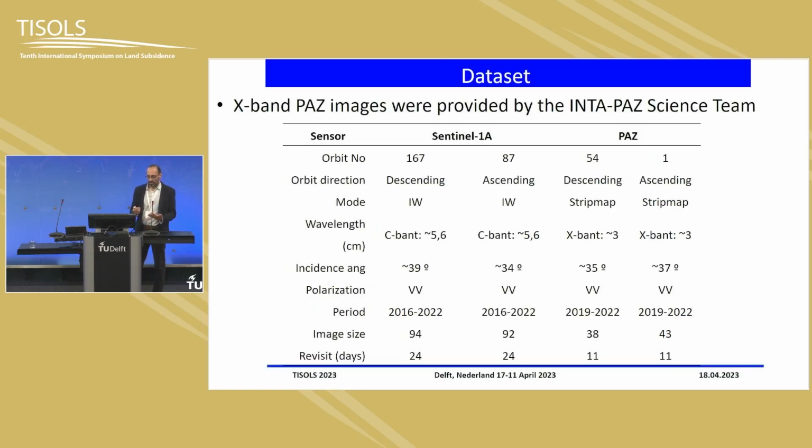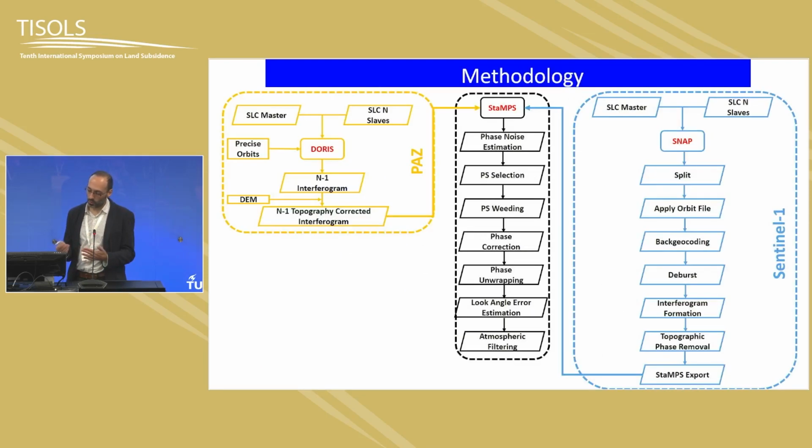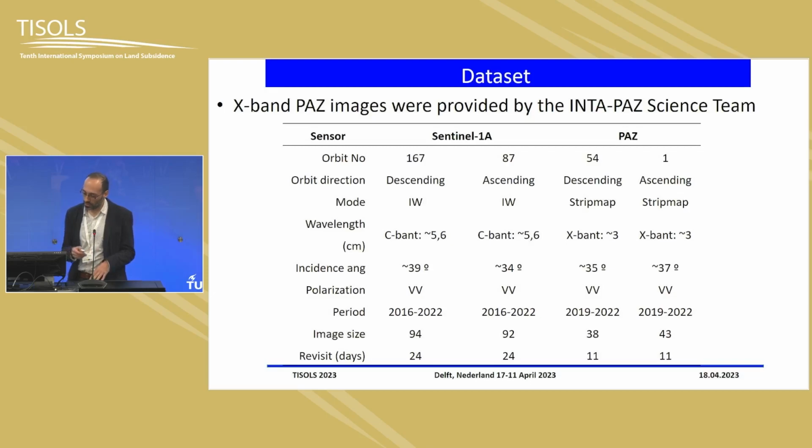The data covers both ascending and descending geometries. Sentinel is C-band, but PAZ is X-band data. It has the same specifications as TerraSAR-X data. PAZ doesn't have much archive data: from 2019 to 2022 we have 3 years, and for Sentinel-1 the last 6 years.